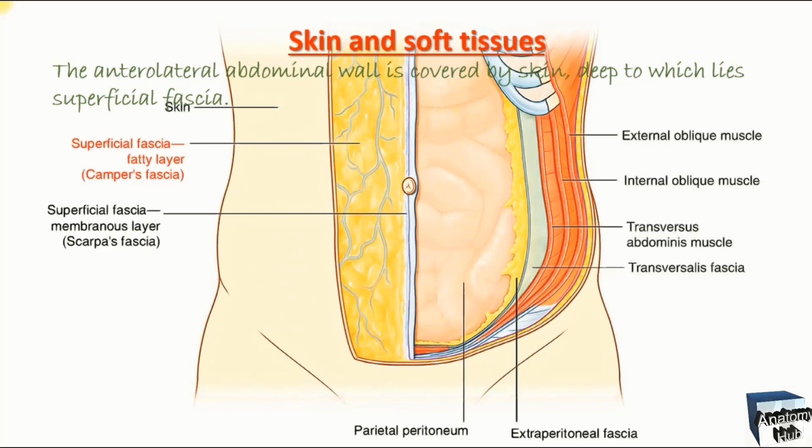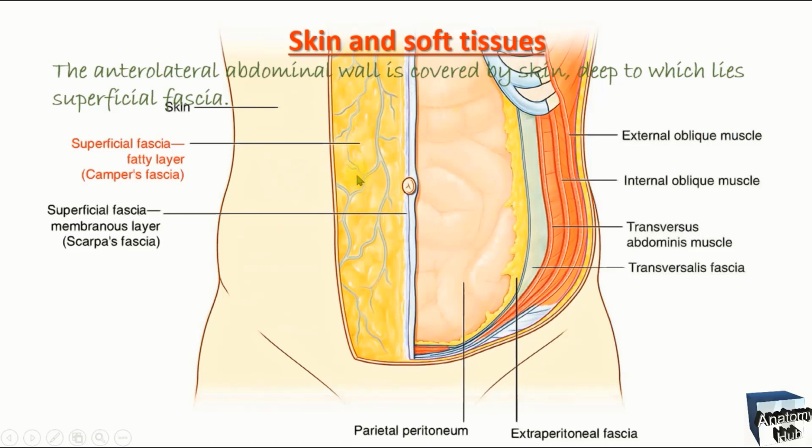You'll find the skin over here, and if you peel up the skin you'll find the superficial fascia, which lies deep to the skin and superficial to the muscular layer. And it has two components.